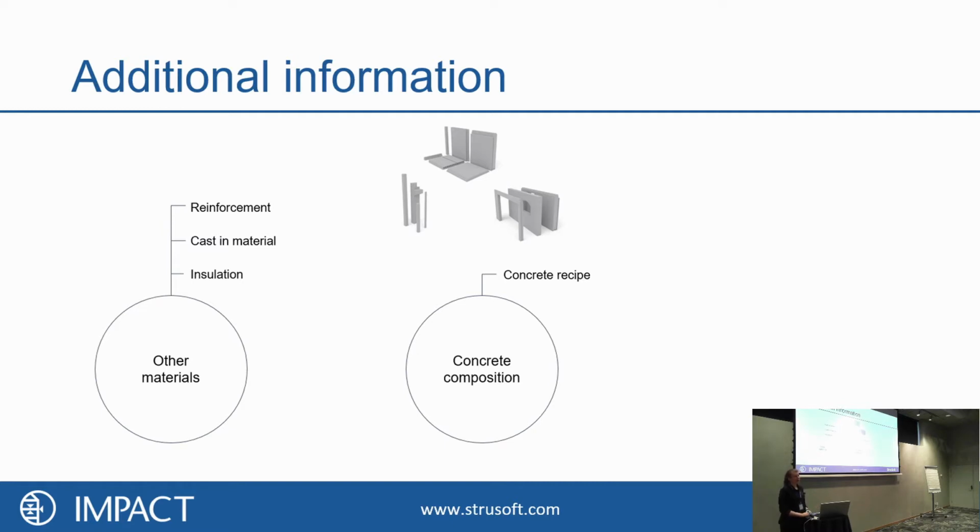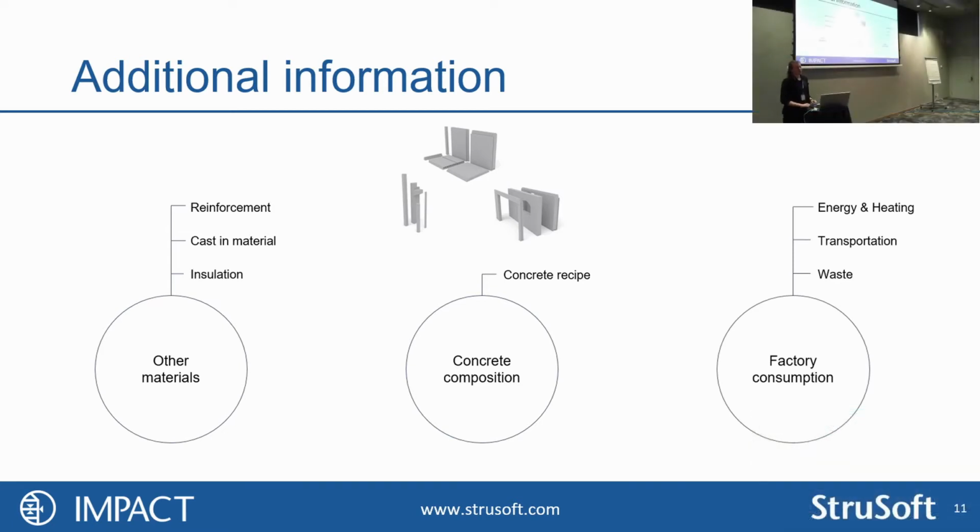We need to define what the components and materials in our casting materials are. And we need to define which insulation is used in exactly this project. And the third thing you need to define is information about the factory consumption. How much energy, how much heat is used in this factory to produce the elements, what waste will be produced, transport.